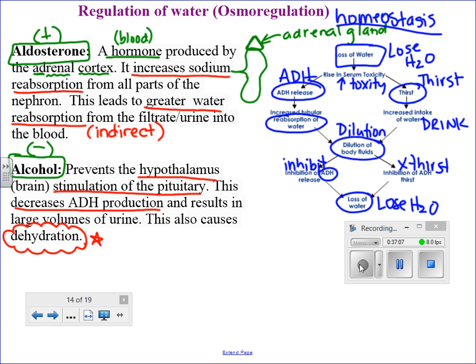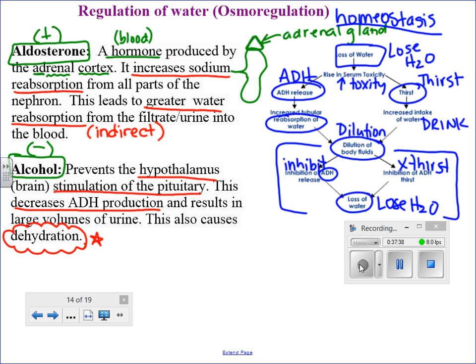So this would be a never-ending cycle of your body constantly checking what is the concentration of the blood. Do I have too much water or not enough? If I have not enough, I need to be thirsty and I need ADH. If I have too much, I need no ADH and I need not to be thirsty. So in general, this section here isn't something new happening, it's us stopping the thing that we were doing before.